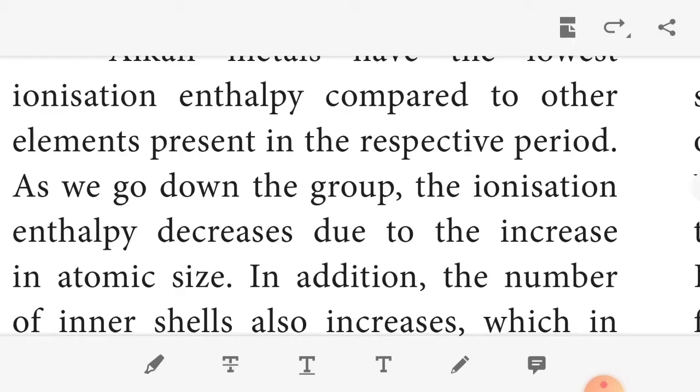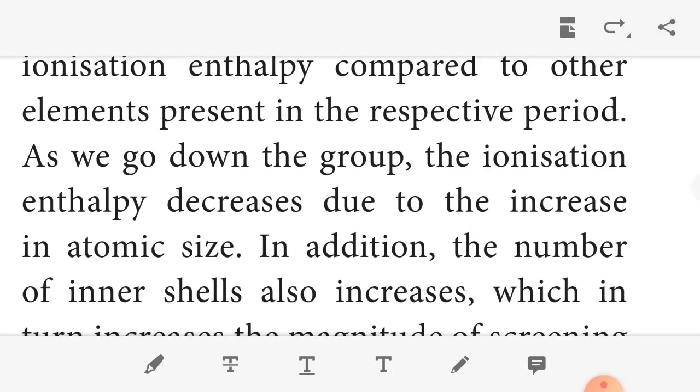Comparing the first and second ionization enthalpies, the second ionization enthalpy of alkali metals is very high. The removal of an electron from an alkali metal gives a monovalent cation having a stable electronic configuration similar to the noble gas. Therefore, it becomes very difficult to remove the second electron from the stable configuration it has already attained.